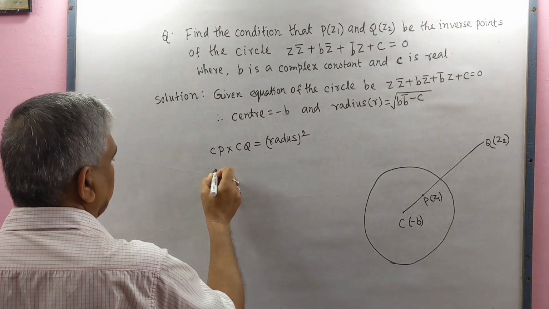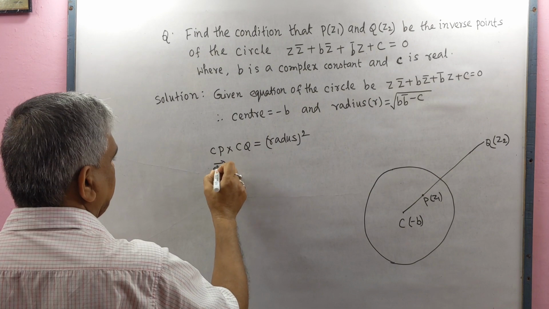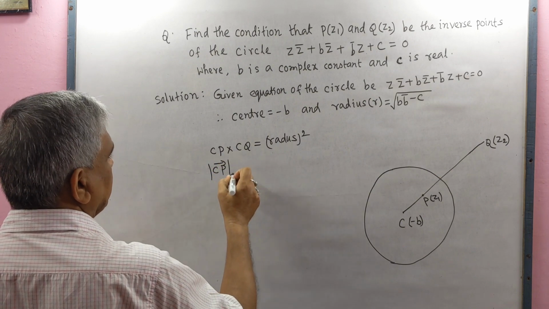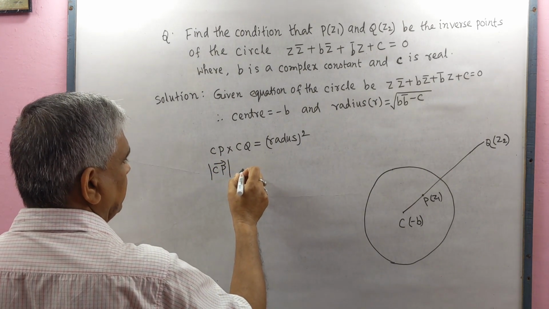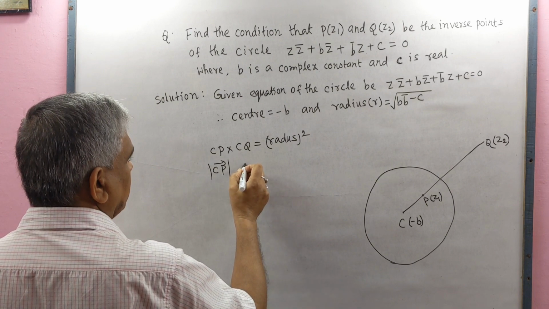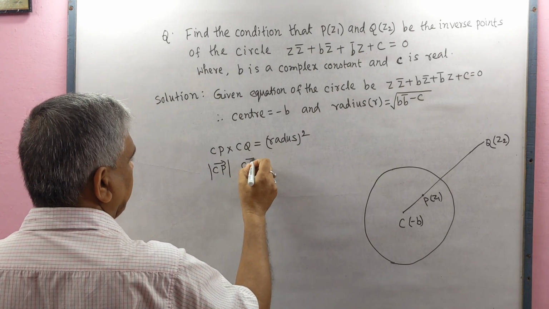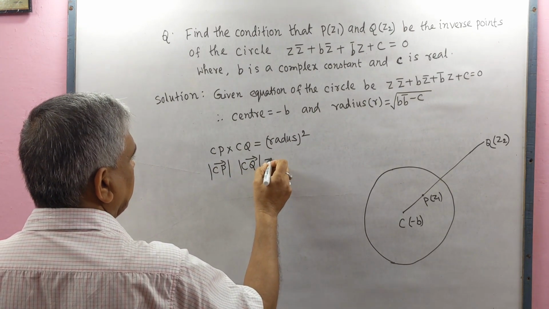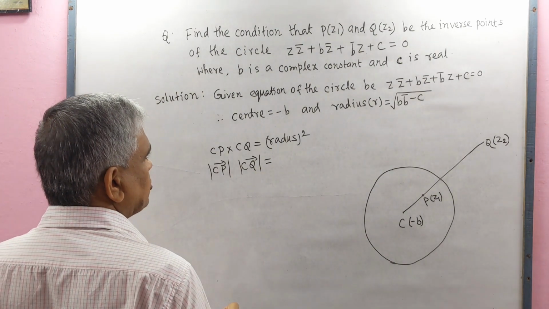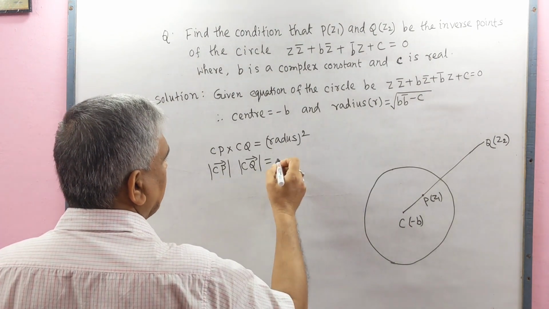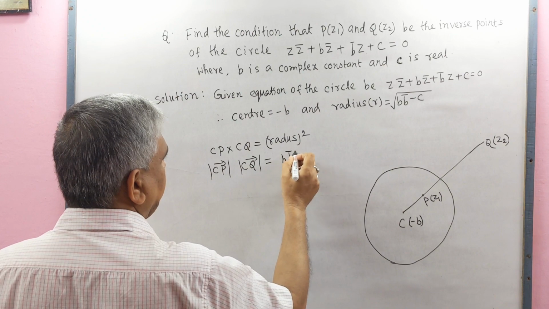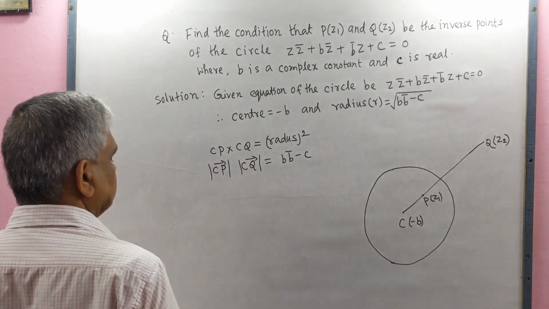CP is the magnitude of vector CP and CQ is the magnitude of vector CQ, equal to the radius squared, which means B B bar minus C.